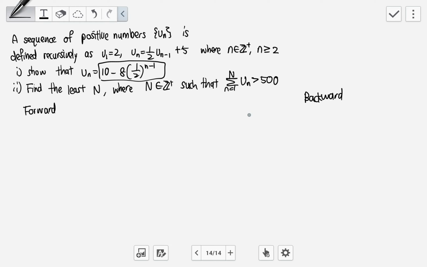In the backward method, you start with un, being half un minus 1 plus 5. Then you know that un minus 1 is just half times un minus 2 plus 5.